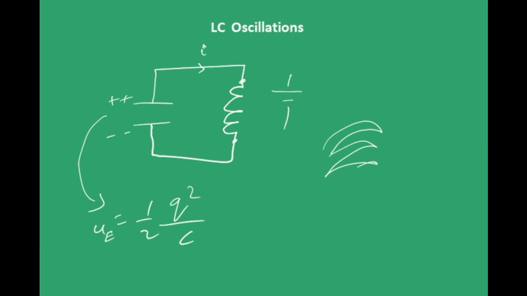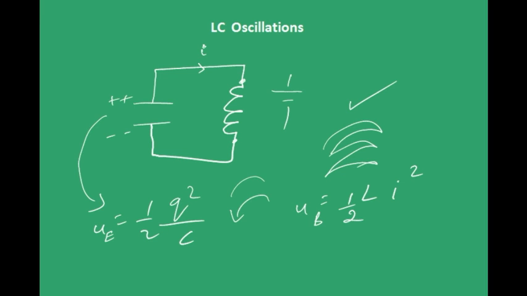So these are called LC oscillations. And you know that the energy stored inside an inductor is given by half L i square, where i is the current through the inductor. This is the magnetic energy stored inside the inductor, right? So my complete energy is just being transferred from the capacitor to the inductor and vice versa.